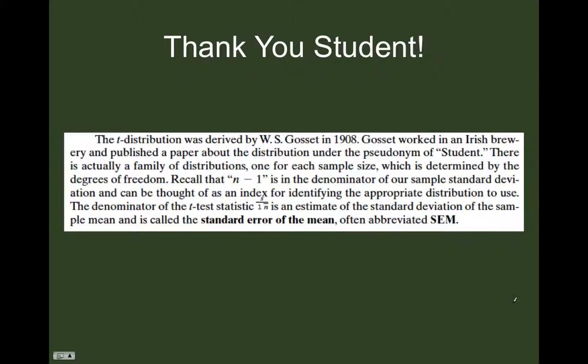Now let's talk about that for a second. The t-distribution has only one parameter.